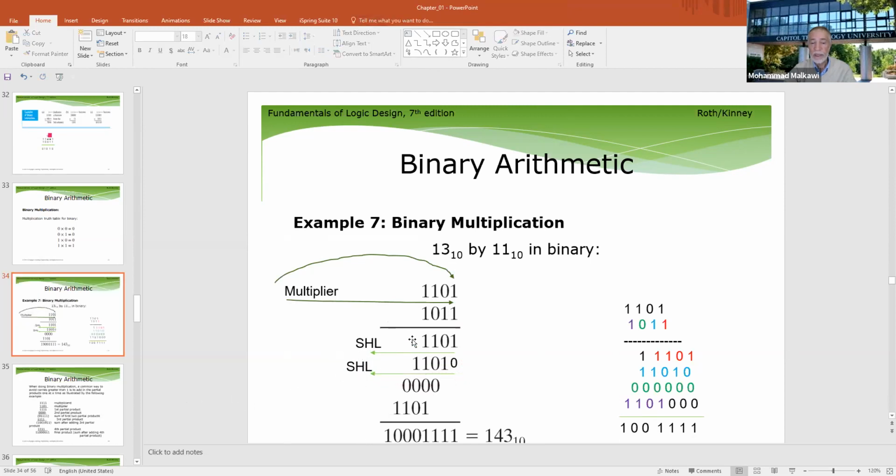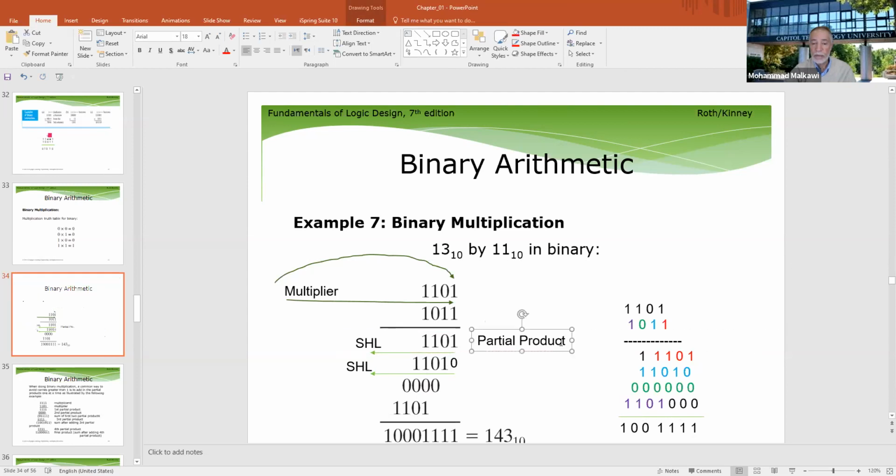And then lastly, I have the last one, which is the most significant bit, the largest in the multiplier. I have 1101. And then I will add these partial products. Each one of them is called a partial product. It's the product using 1 bit of the multiplier.